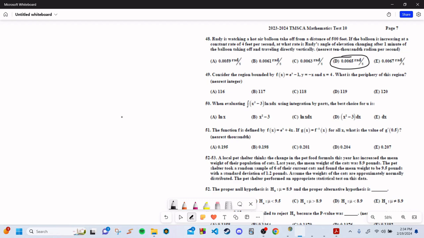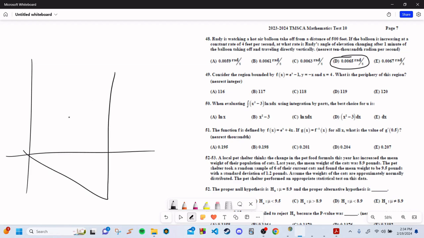It's going to look like this, and this is scaled a bit. The exponential part's going to look like this.